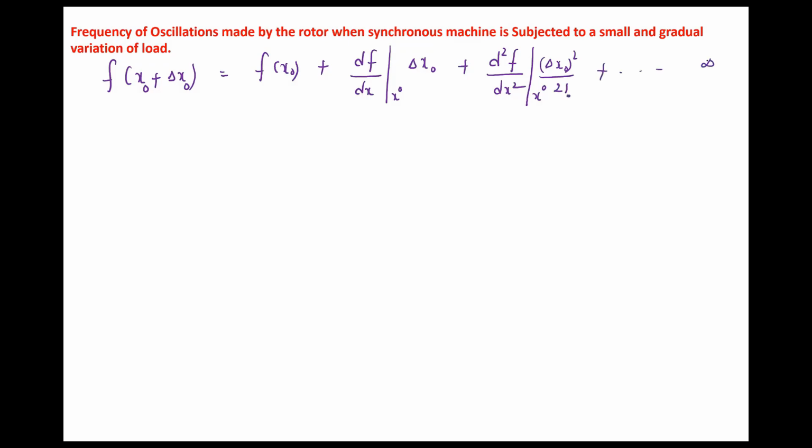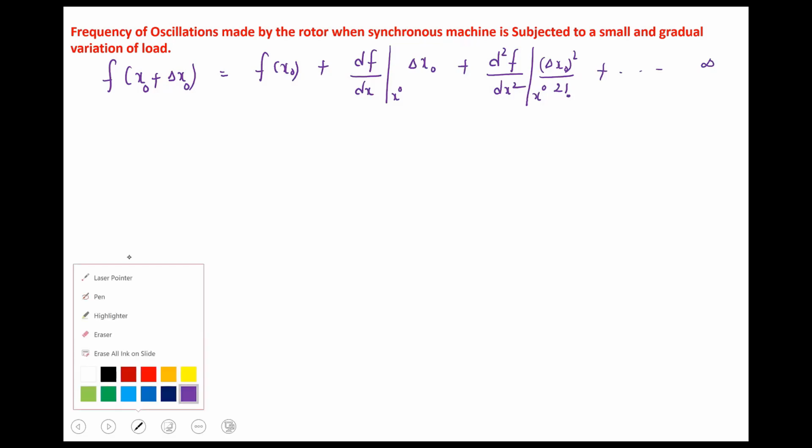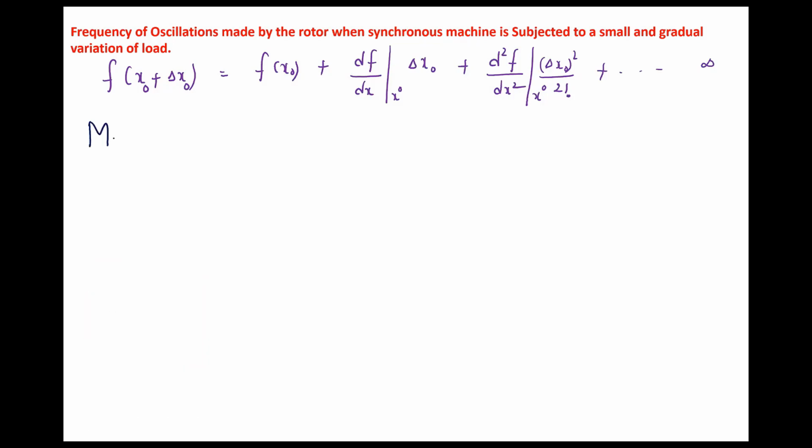This is the Taylor series which we use for linearizing the system about an operating point. So if I use the same thing here, my equation is M into d square by dt square of delta naught plus delta delta naught is equal to PS naught, which is constant, minus PE naught plus delta PE naught. Understand?